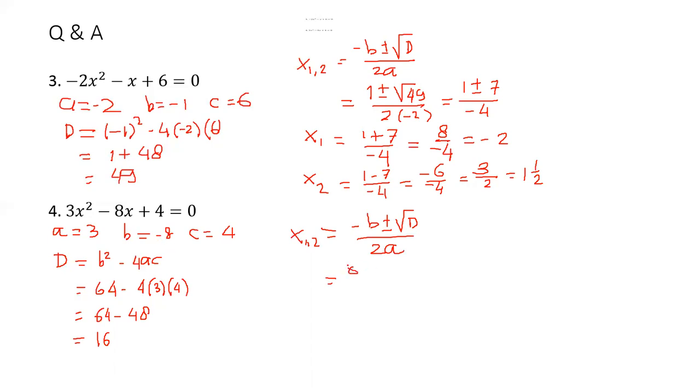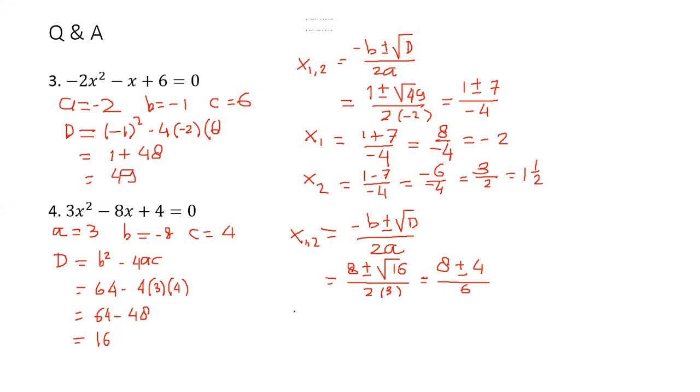It means +8 plus minus square root of 16 over 2 multiplied by 3. It becomes 8 plus minus 4, since the square root of 16 is 4, over 6.